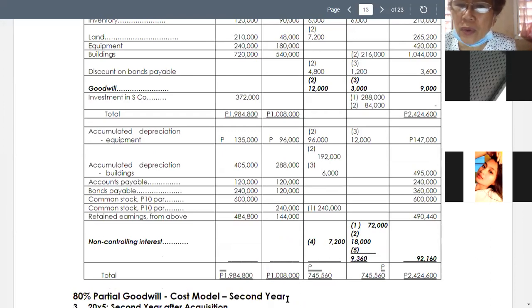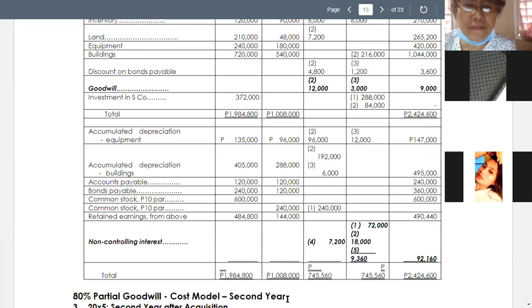So we have now the non-controlling interest amounting to 92,160. So we have this by adding 72,000, 18,000, and 9,360, but deduct 7,200. Okay?